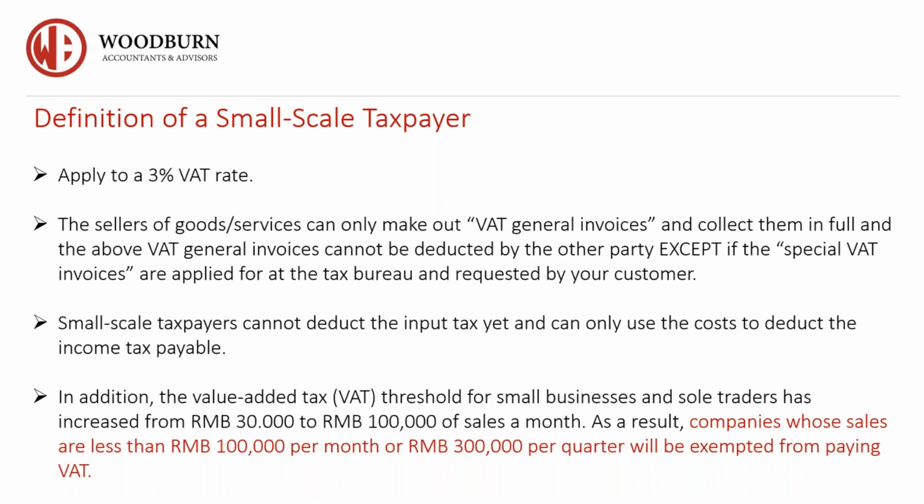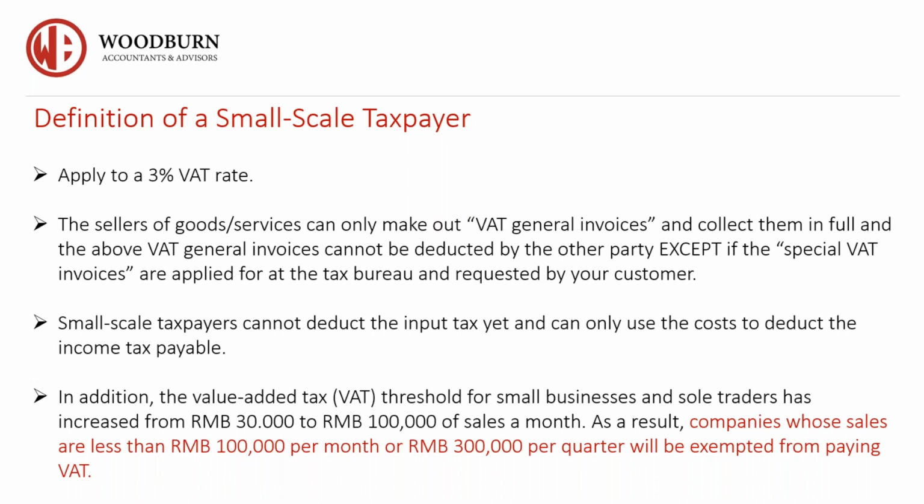In addition to that, as of March 1st, 2019, there are now 8 industries and sectors where you have the ability as a small scale taxpayer to issue VAT special invoices yourself. It's a bit complicated because it's in leasing, in scientific research, in residential service, hotel industry, construction industry, manufacturing. So if you're just in general services, it still doesn't apply to you.